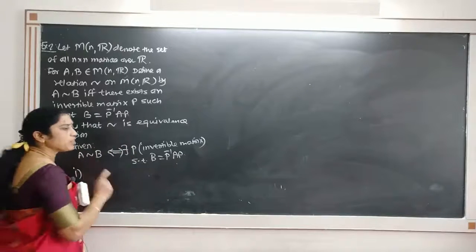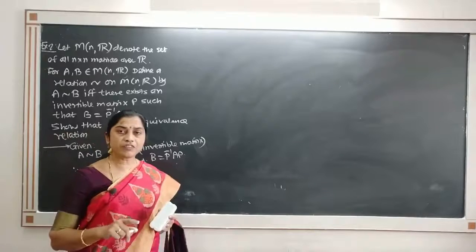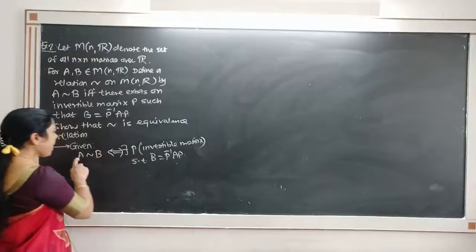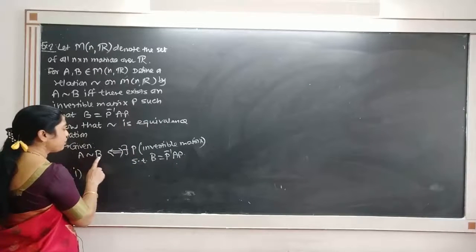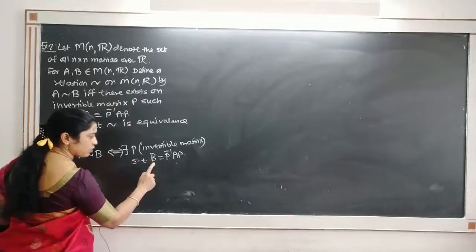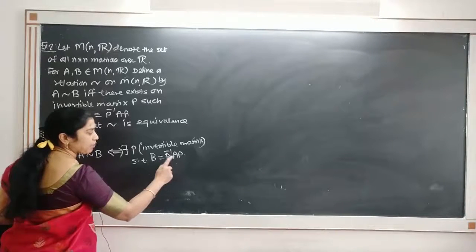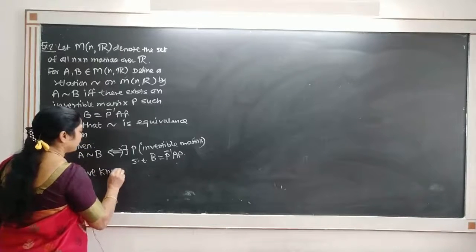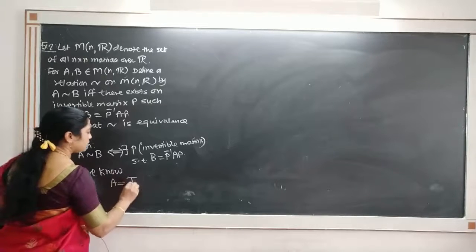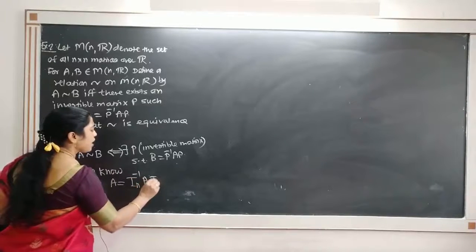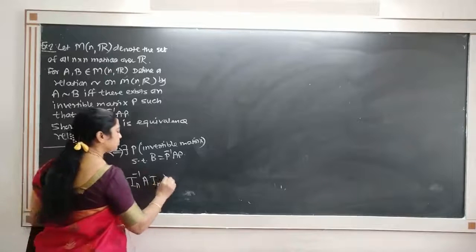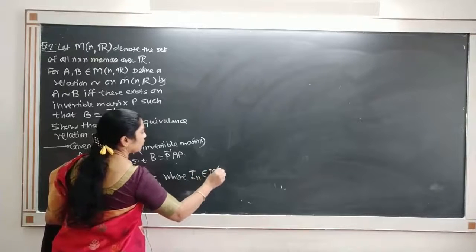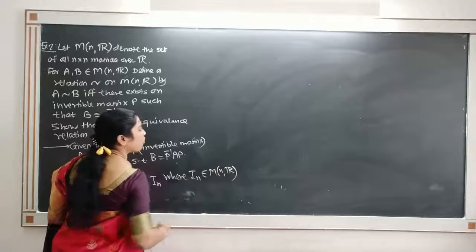We want to check whether this relation is reflexive, that is, whether A is related to A. When will A be related to A? If we have A equal to P inverse A P, where P is an invertible matrix, and we know that any matrix can be written as I_n inverse A I_n, where I_n is the identity matrix of order n.